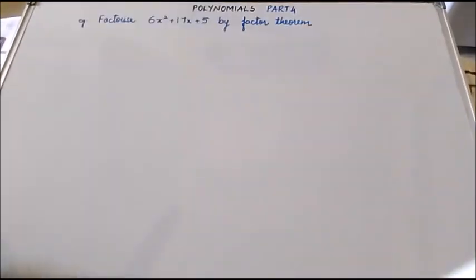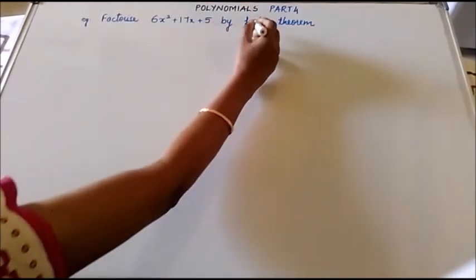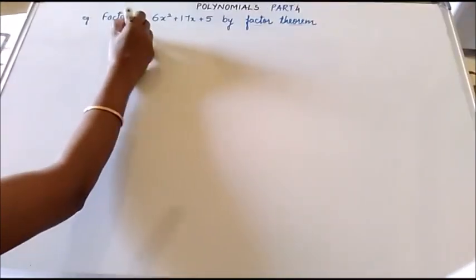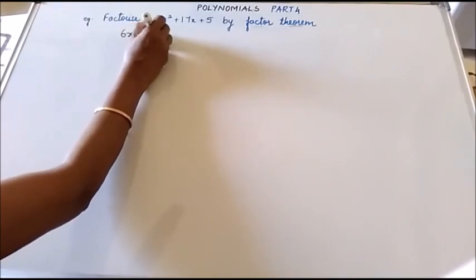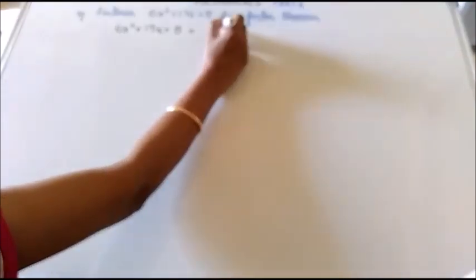Now let us factorize 6x square plus 17x plus 5 by factor theorem. This also you can do by splitting the middle term, but here we will be using factor theorem. Now before we start, we should write the polynomial in the form 6 is taken common.